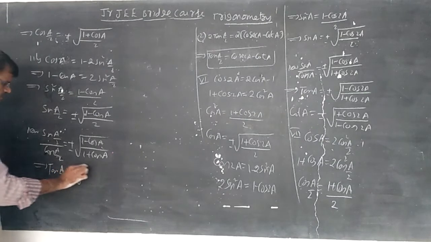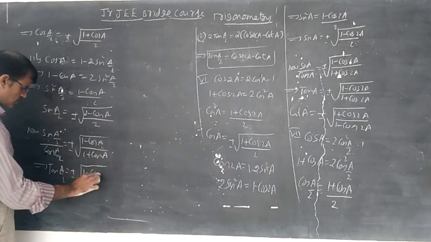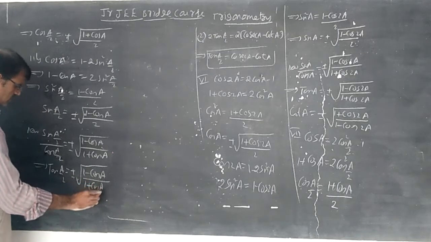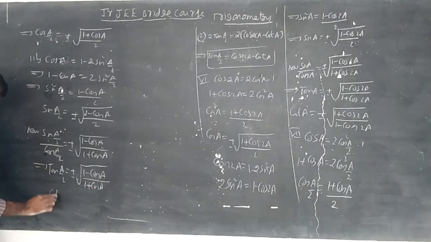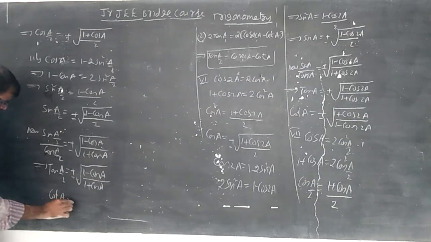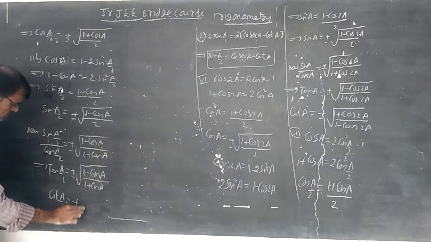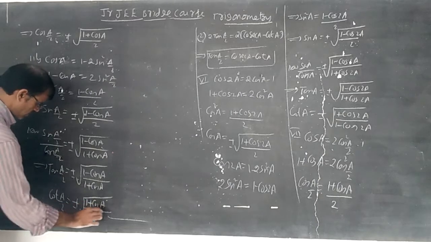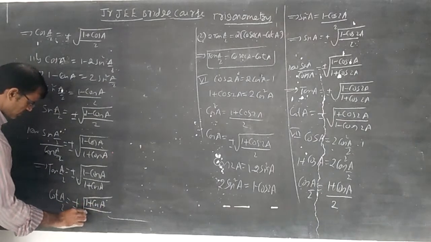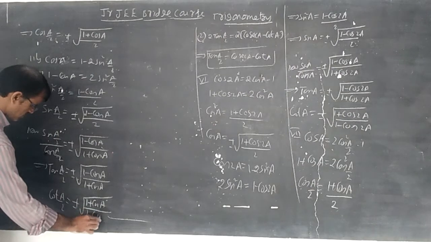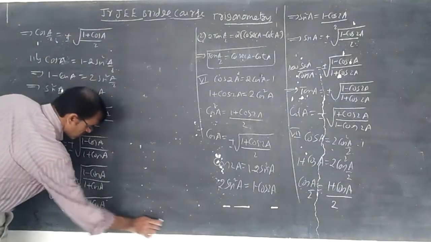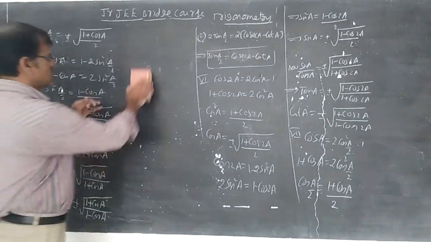Tan A by 2 is equal to plus or minus root of 1 minus cos A by 1 plus cos A. In the similar way, by taking the reciprocal, we can say that cot A by 2 is equal to plus or minus root of 1 plus cos A by 1 minus cos A.